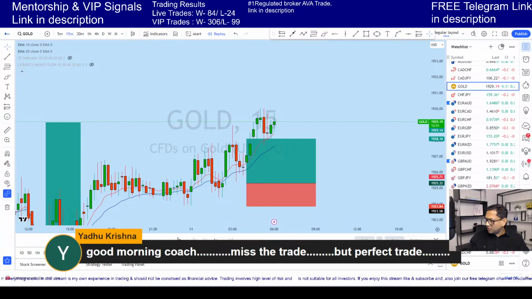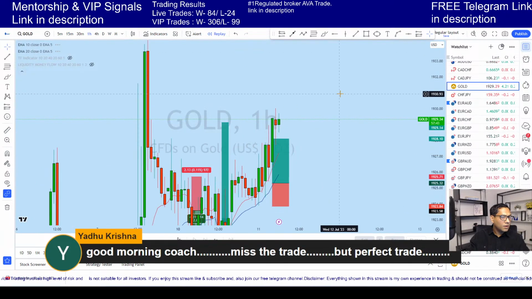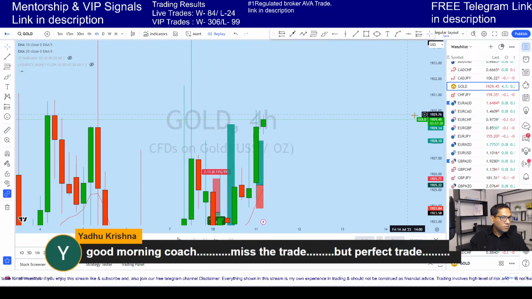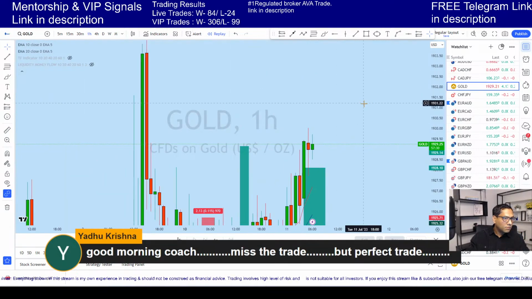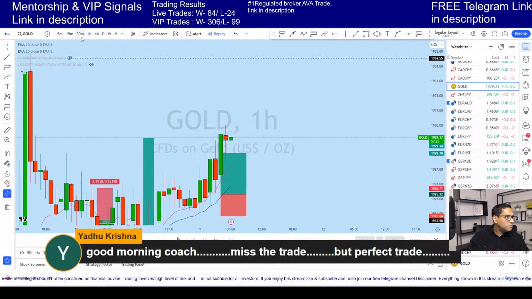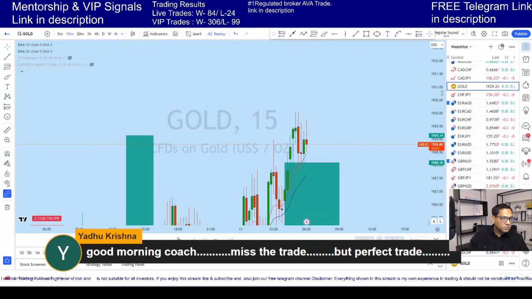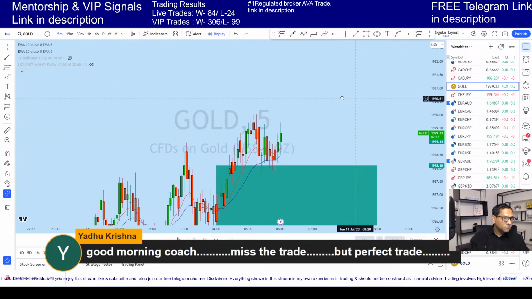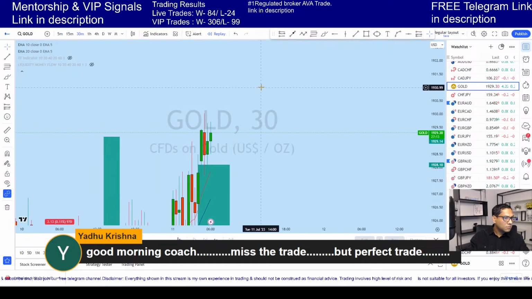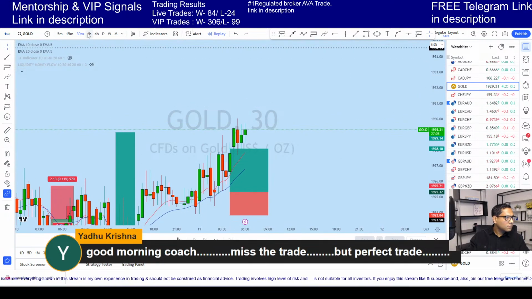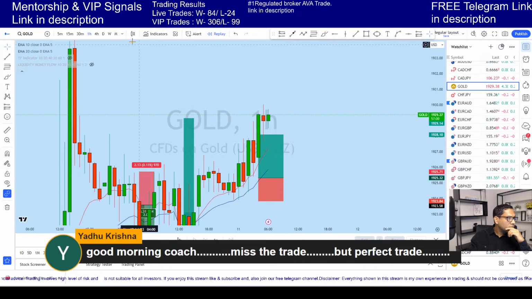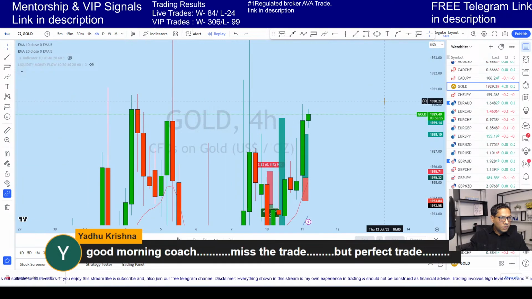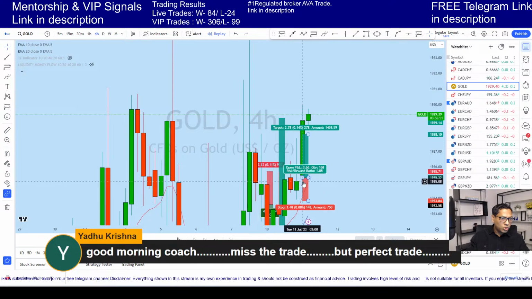Looking at the overall picture in the market, there is a bullish engulfer on gold, which has closed with a gap opening and a long wick at the top.